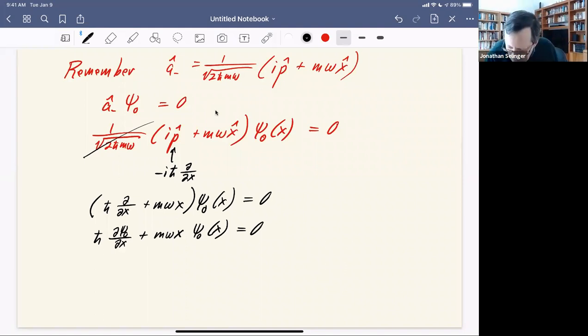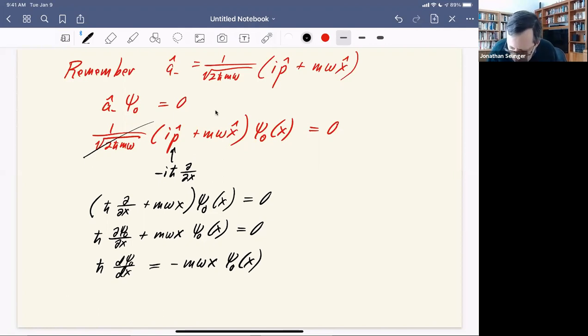So let's see if we can actually solve this differential equation. I'll write it with regular derivatives, not partial derivatives. h bar d psi 0 dx is equal to negative m omega x psi 0 of x.